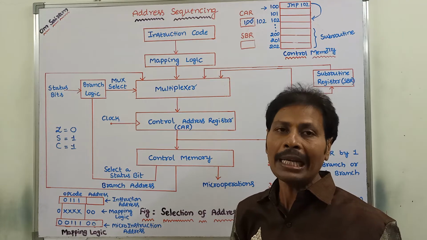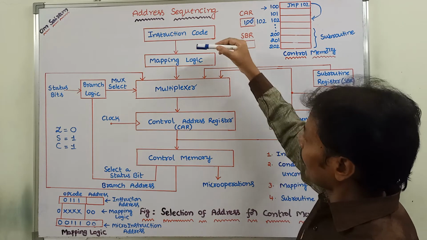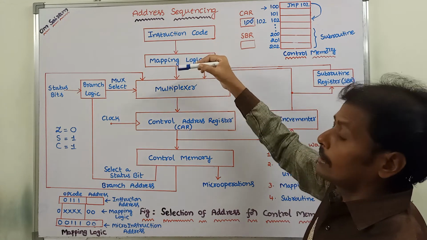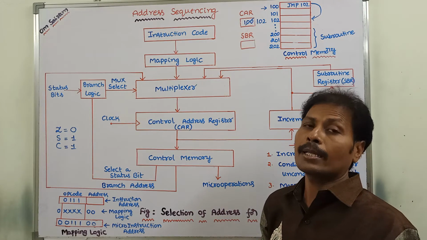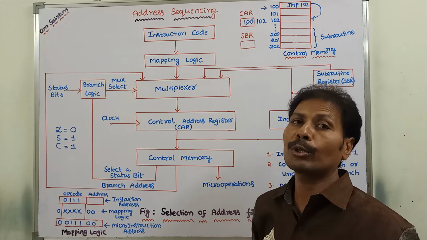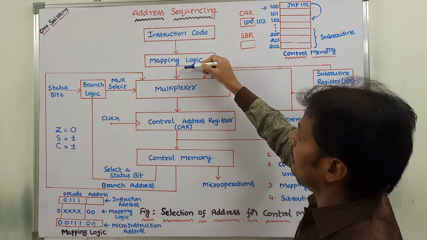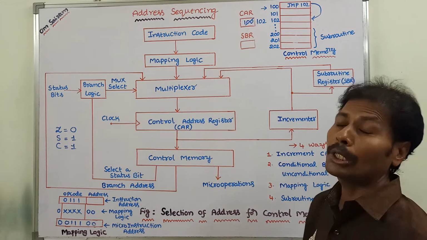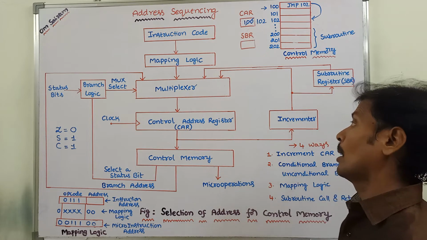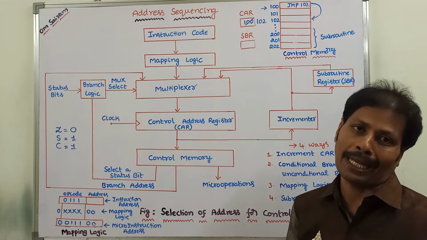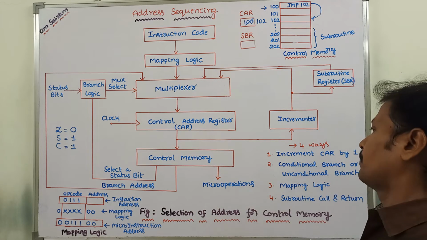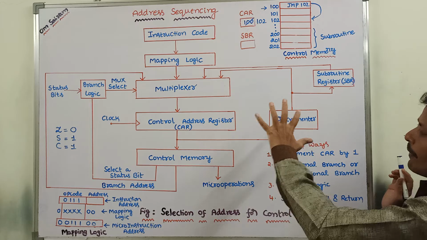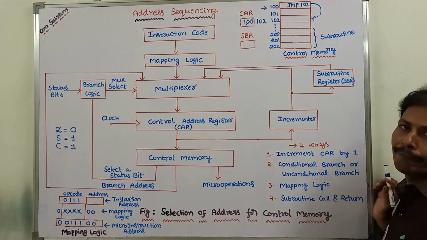That external address, the 7-bit micro instruction address, is loaded into the control address register by using the multiplexer. In this way, mapping logic can be performed.